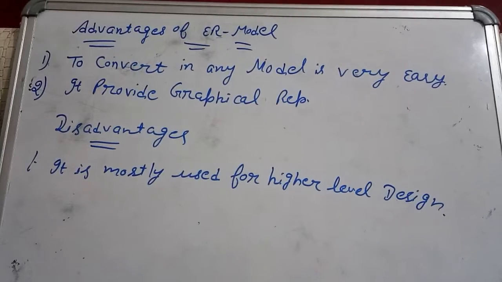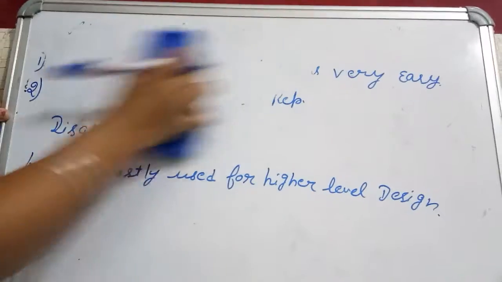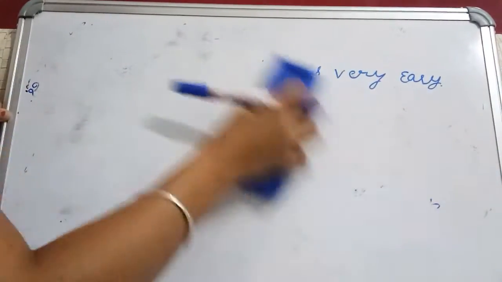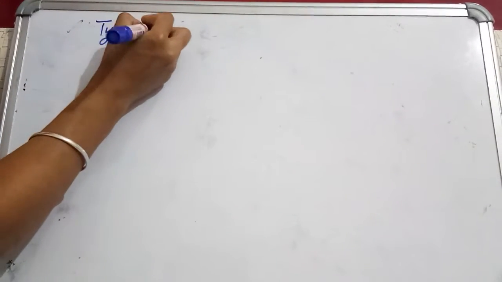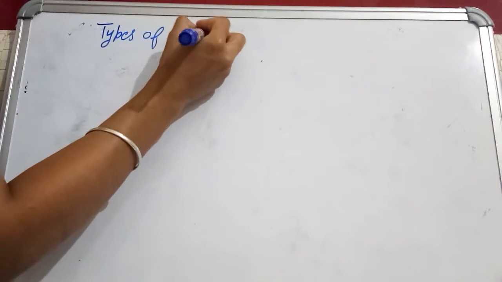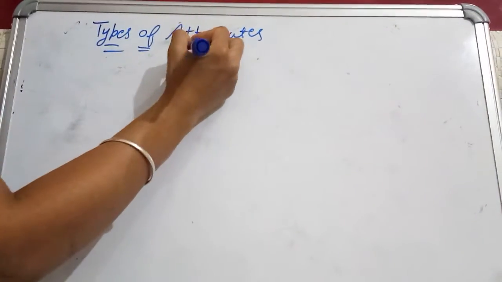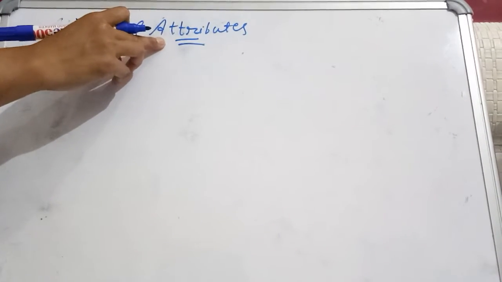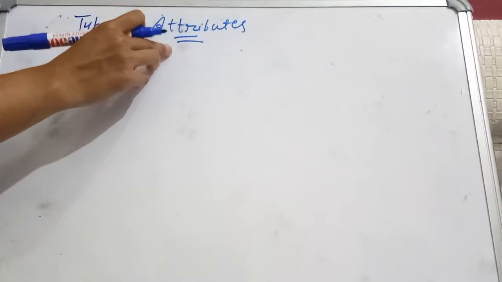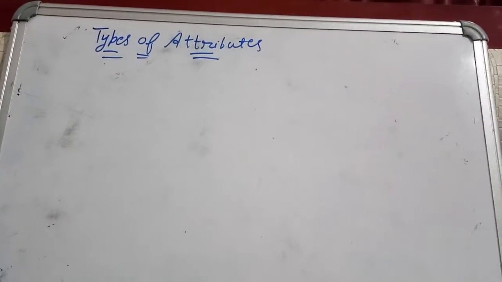So next, what are the types of attributes? I discussed in the last video what is an attribute. Attribute describes the property of the entities with which they are associated.